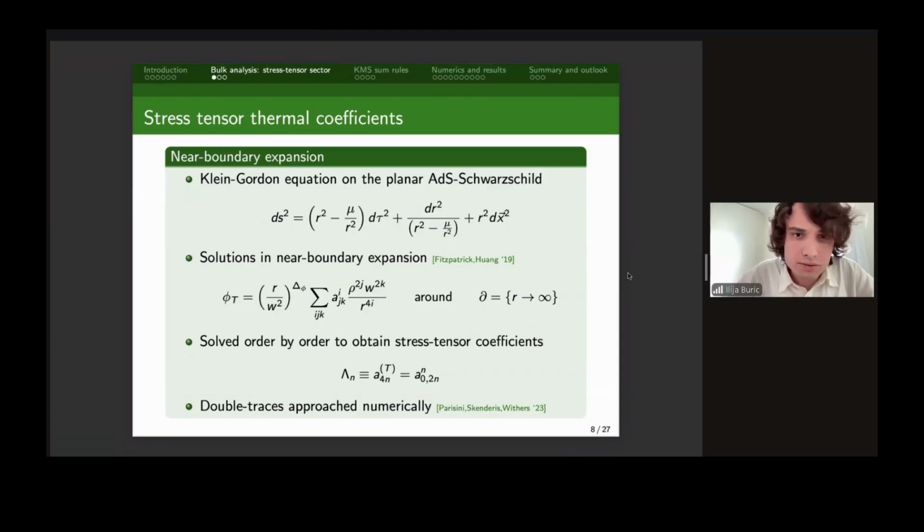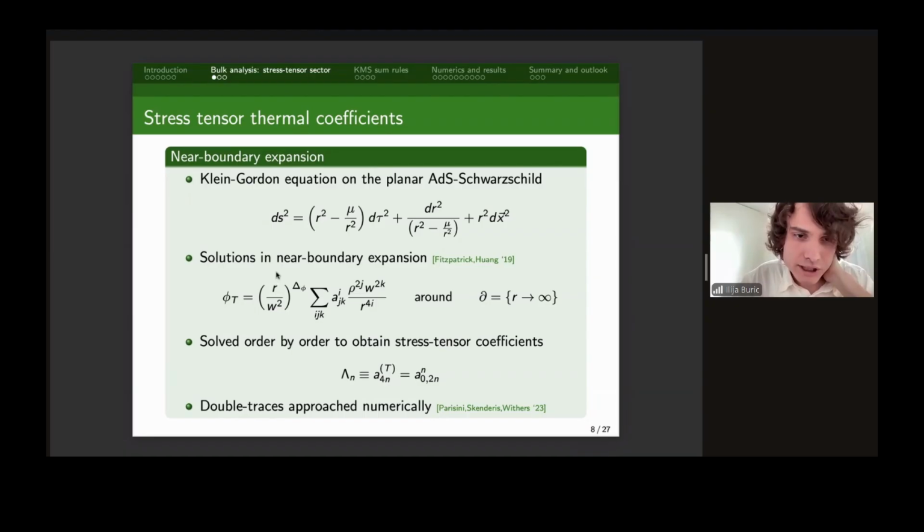So to start with the stress tensor sector, there is the following prescription for how to find this coefficient. So the thermal state is described by a planar Schwarzschild black hole, and this is the metric, and this mu is related to the temperature in some simple way. So this is the only parameter that appears here.